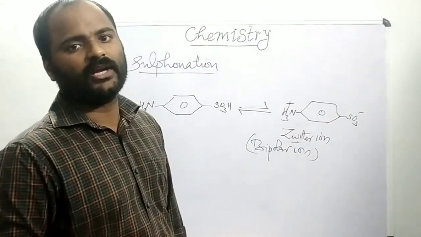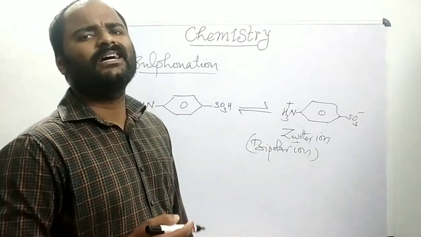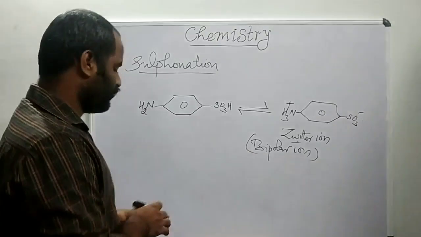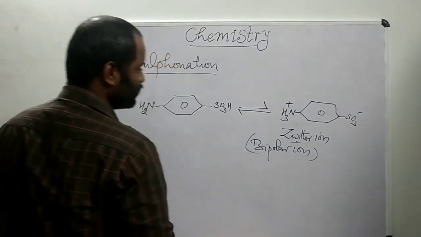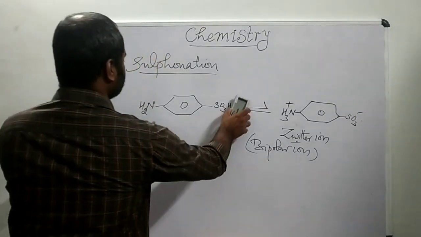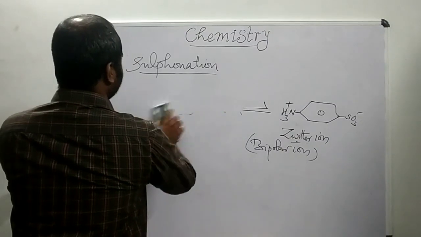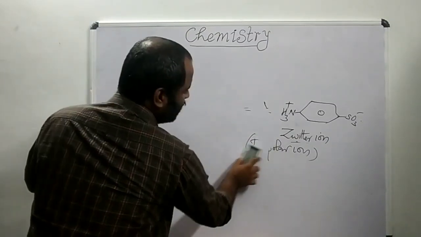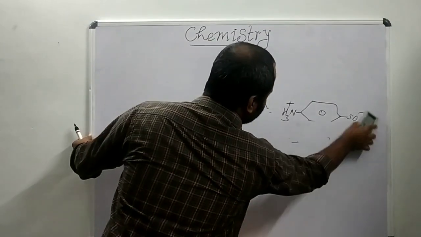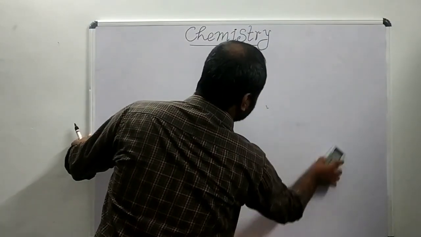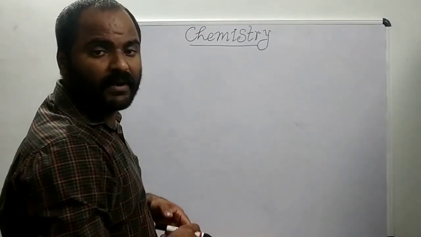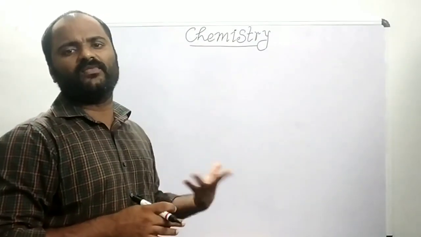In the case of amino acids also, zwitterions are possible. Clear? That is all about the sulfonation reaction. So by sulfonation you get para-amino benzene sulfonic acid or sulfanilic acid, and this exists as a zwitterion or bipolar ion.